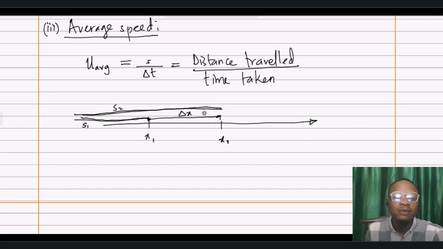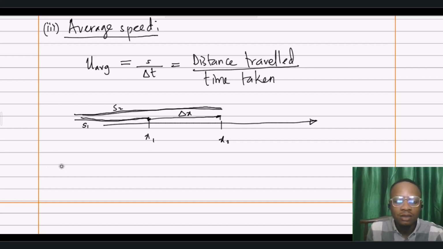So when we have that, we know that it is not necessarily equal to the magnitude of the displacement. So definitely average speed is not equal to the magnitude of average velocity.